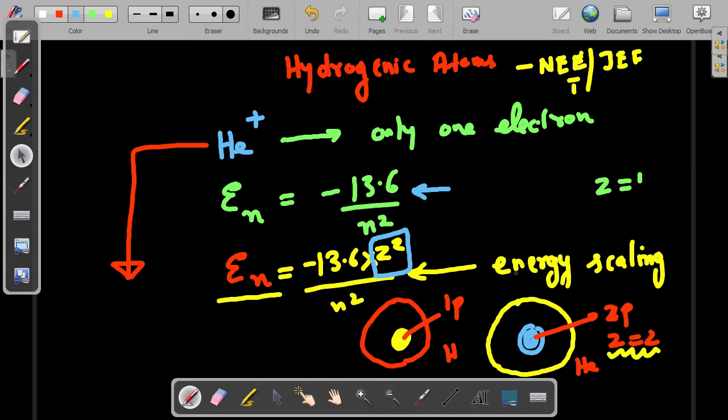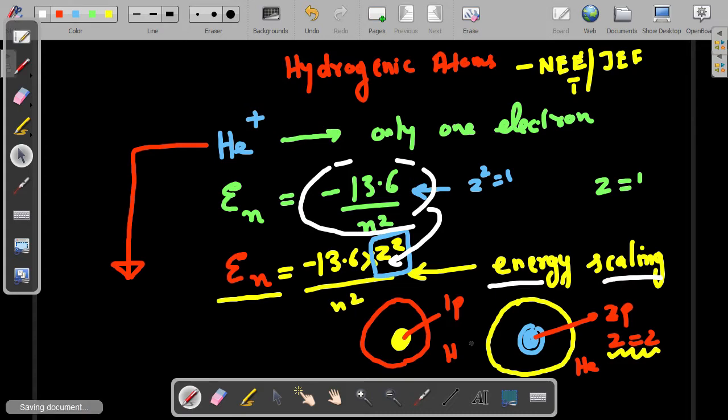In the case of hydrogen, Z square becomes 1. And this process of multiplying this quantity with Z square is called the process of energy scaling.